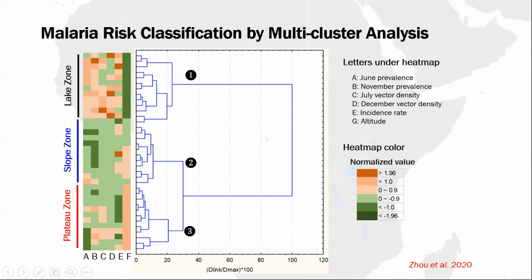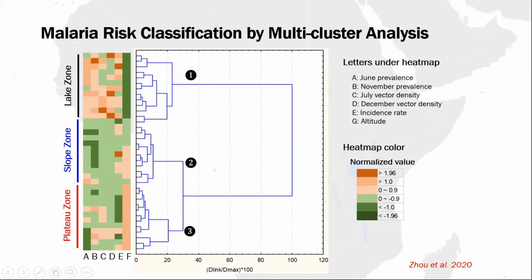So based on our prevalence baseline and also vector density as well as incidence rates, we were able to classify the study site into 3 malaria risk zones using multi-cluster analysis, whereby we found the lake zone, the people living in the lake zone, are at the highest risk of malaria compared to the other 2 zones, the plateau and the slope.